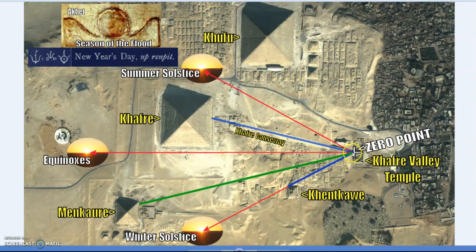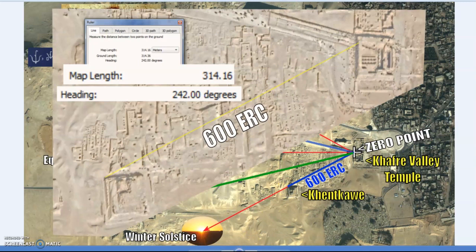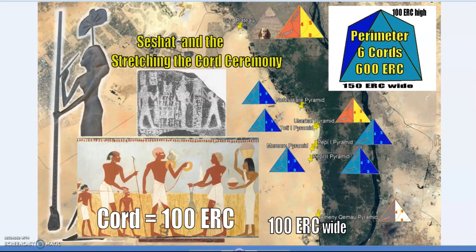So from the zero point to where it passes the corner, marking the winter solstice of Khentkawes's pyramid, there's a screenshot. You can test it yourself. You notice that it's 28 degrees south of true west, 314.16 meters. That's 600 Egyptian royal cubits.